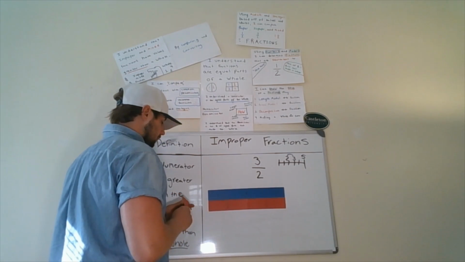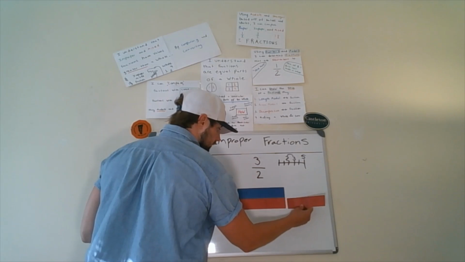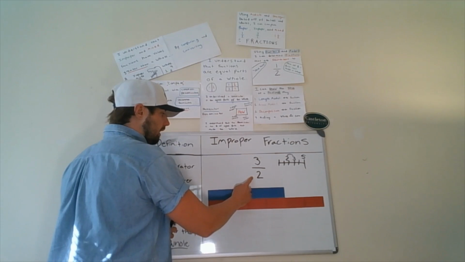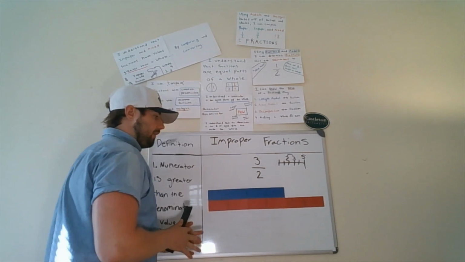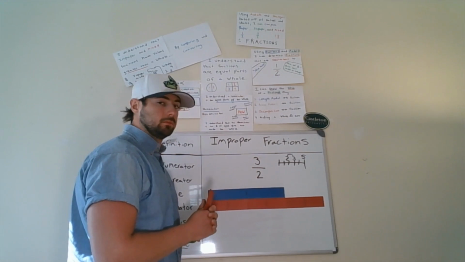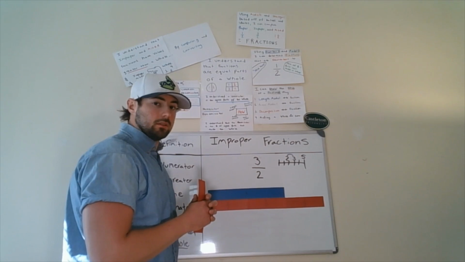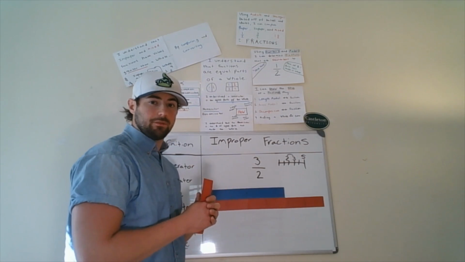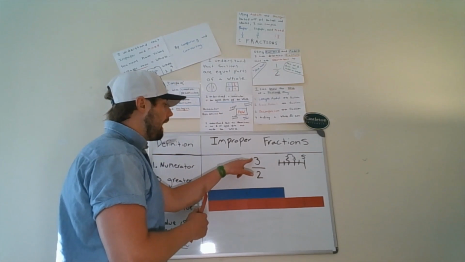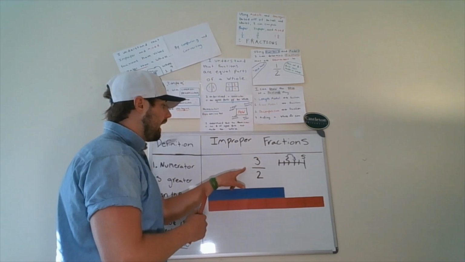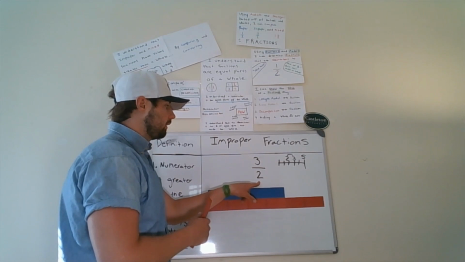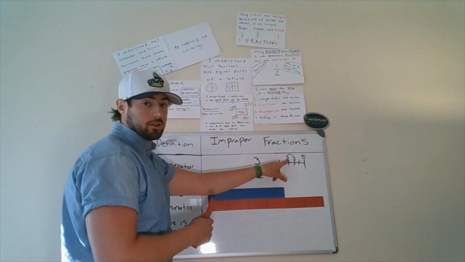But we're representing 3 halves. We're representing 3 parts of 2 that make that whole. 1, 2, 3. 3 halves. 3 halves is 1 half greater than a whole, because we have a numerator that is 1 greater than our denominator. 3 is larger than 2.